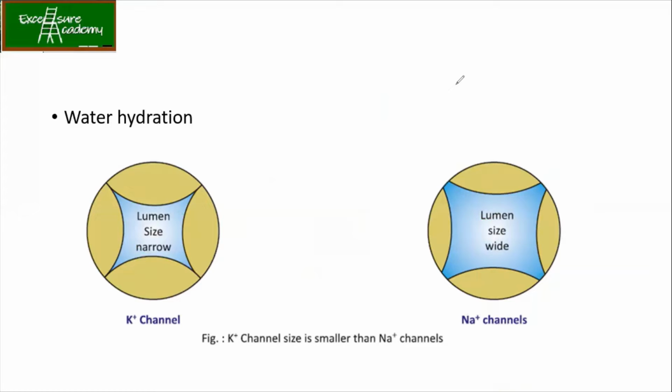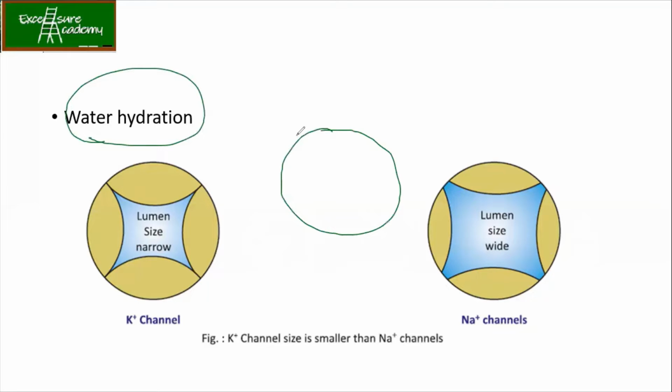But since sodium is smaller and there are negative amino acids meant for potassium, sodium should be able to fit in and not be able to go out as well, because it is bound, even though it's loose. That's correct. But as I said, it has water hydration. It is surrounded by water molecules, right? When the water molecules are removed, the amino acids will not move, right?